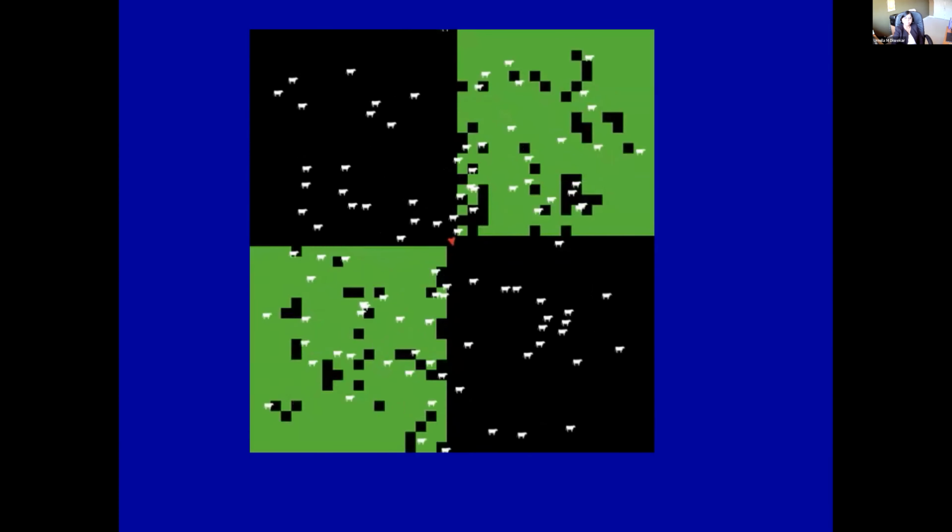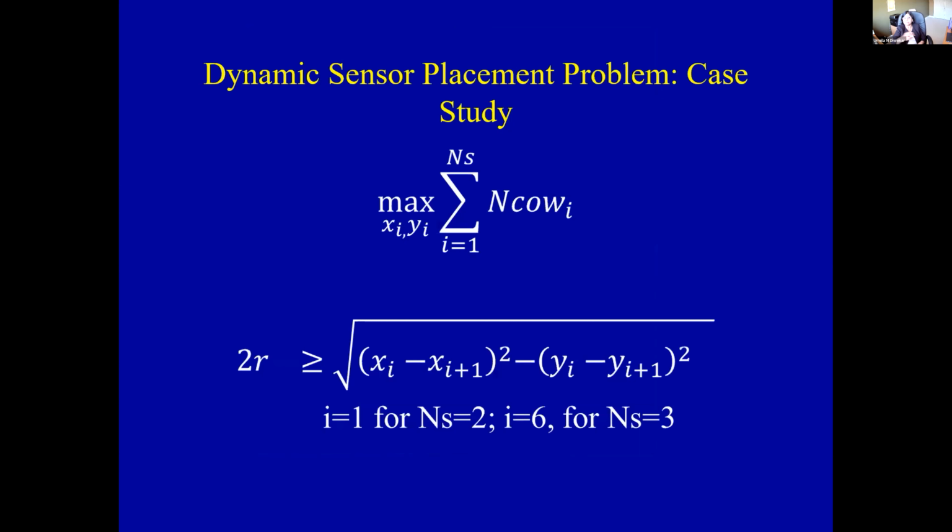So my problem is dynamic sensor placement. Here I'm converting it: instead of positions of cows, I'm taking the X and Y coordinates of the sensors changing, so it becomes a nonlinear programming problem. I'm only going to put two sensors and I want to find the maximum number of cows.